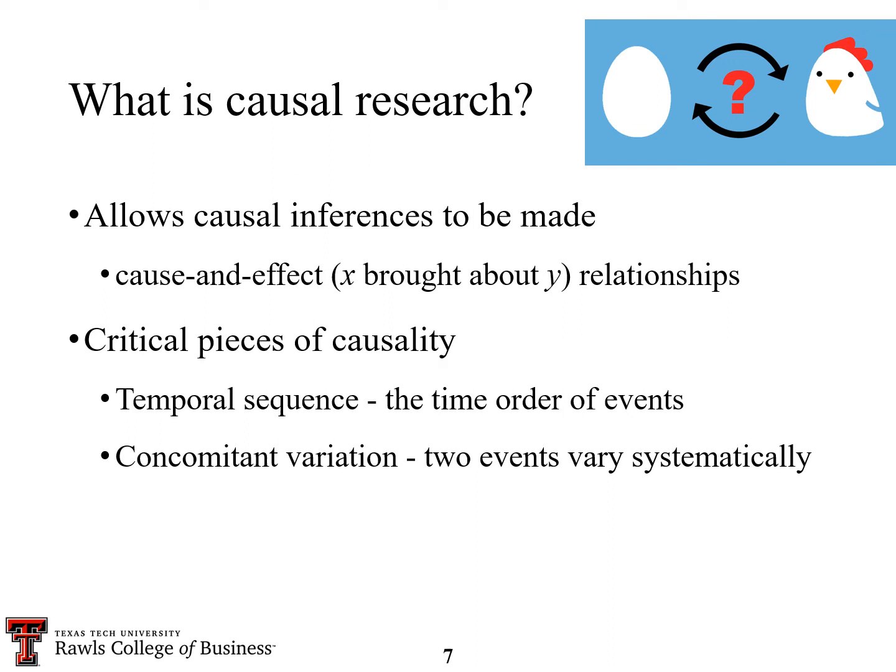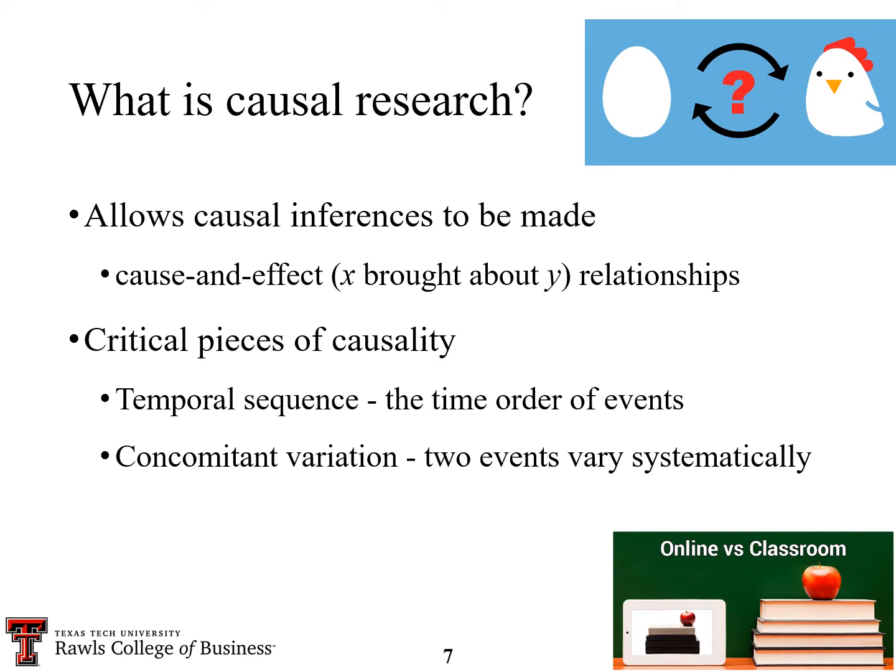So think about from a retail standpoint, seasonality can be a big factor in our sales, and so there is variation in the season. And we could think about this in the online versus classroom setting as well. So there is variation in terms of how online classes perform in comparison to face-to-face classes.